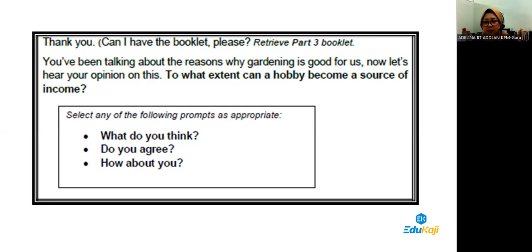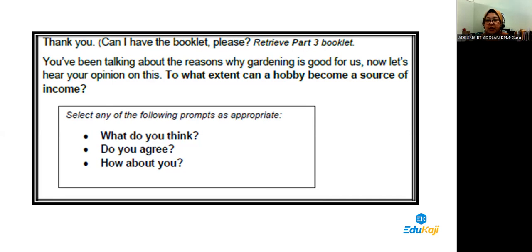Can a hobby become a source of income or not? So you might say, yes, a hobby can become a source of income because nowadays, most people are beginning to plant their own food. That is already answering the question to what extent.